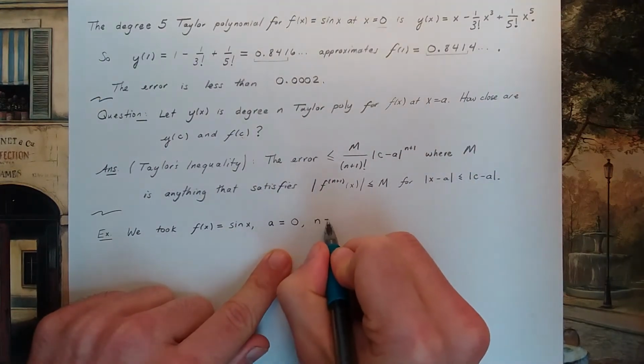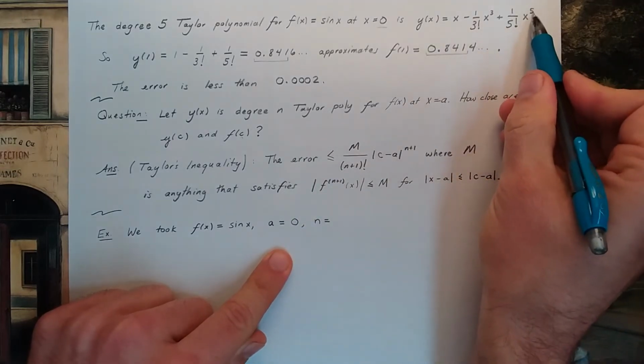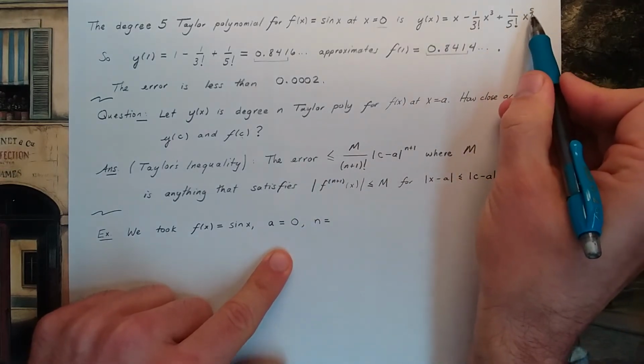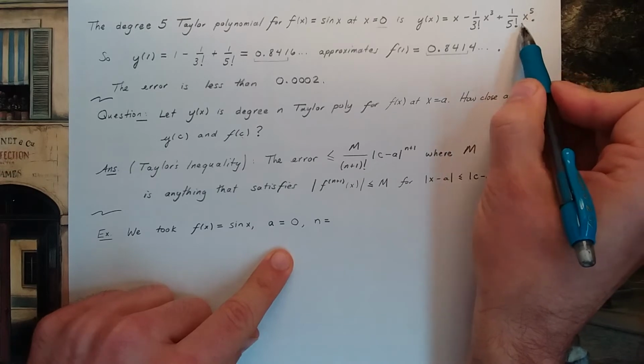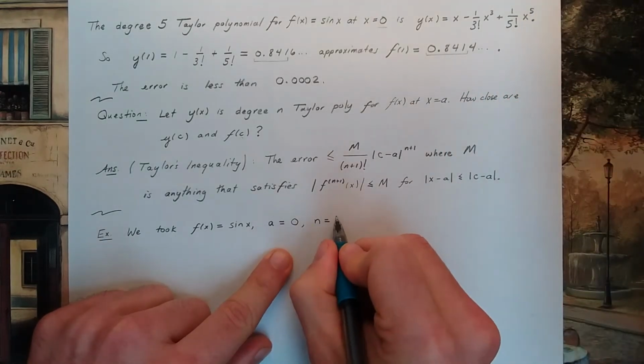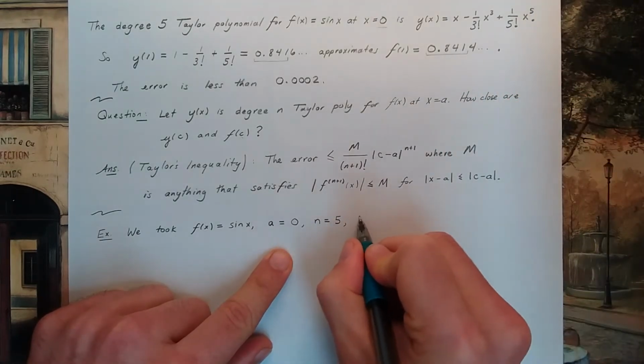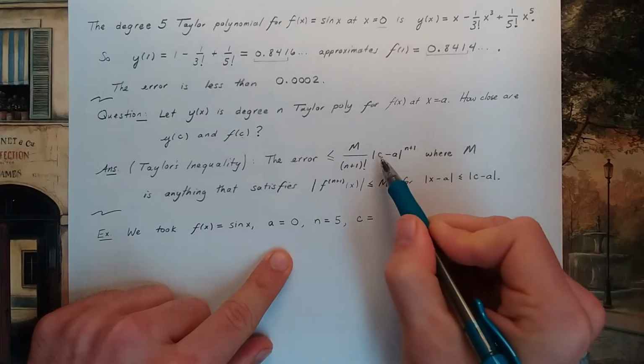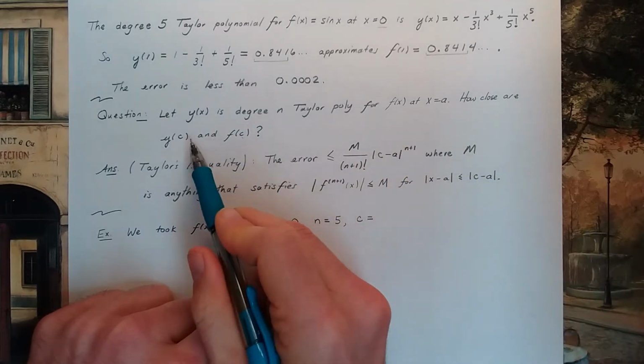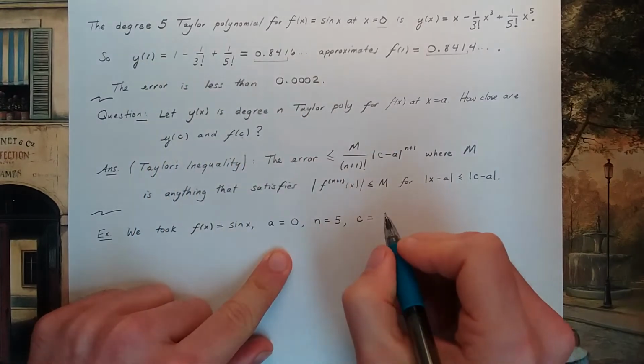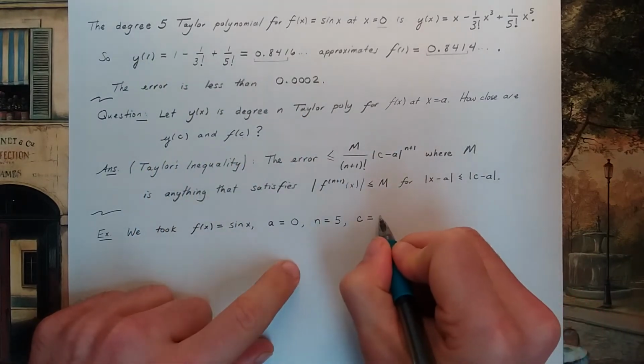The degree n that I took was 5. This is the degree 5 Taylor polynomial because I go up to x to the 5th power. So n is 5. And the value c that is in this theorem was 1 because c was the value I was plugging in.